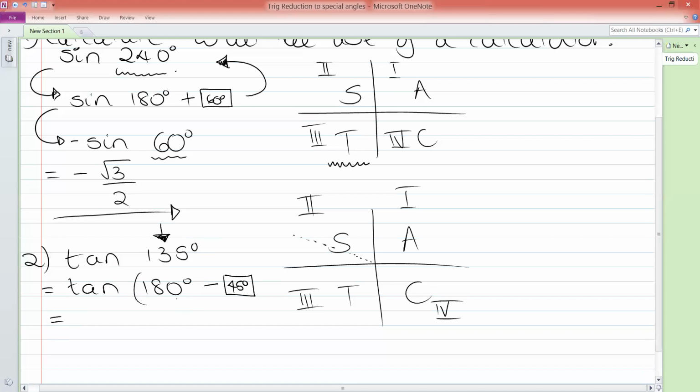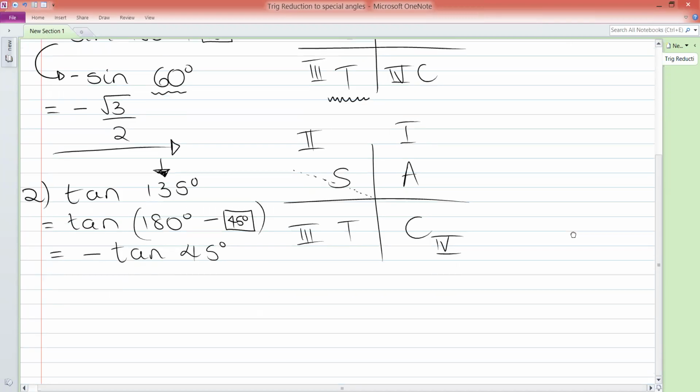Since you have 180 minus 45, and we're in the second quadrant, when we reduce this, only sine can be positive. That's why when I reduce that, this becomes minus tan 45 degrees. 45 degrees is an example of a special angle.